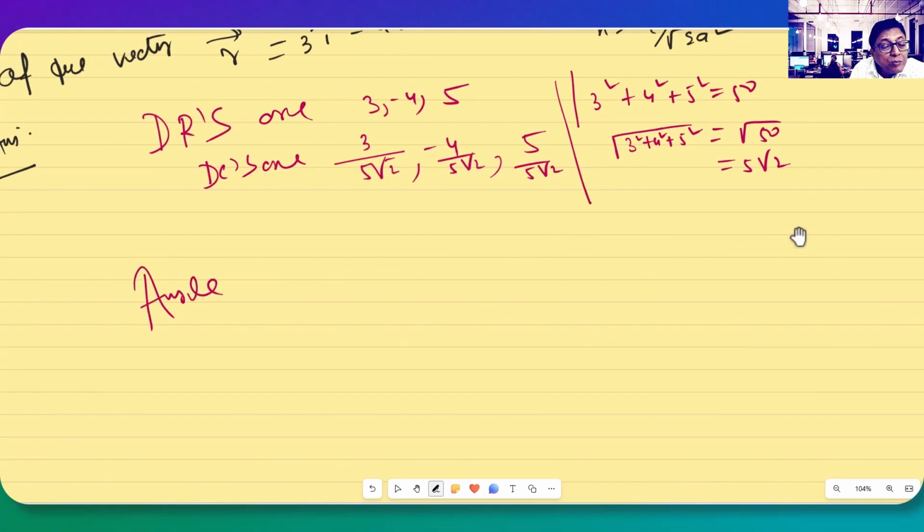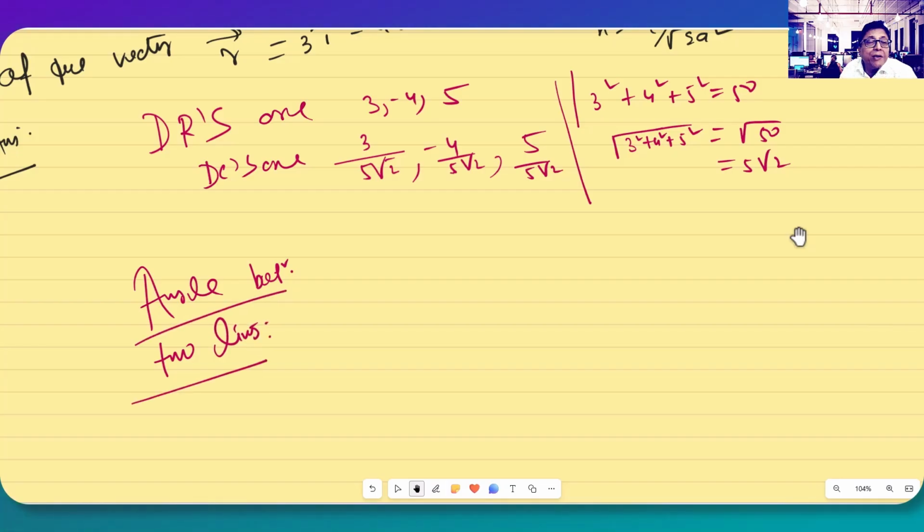Let us do angle between two lines. Before we start this, I would like to remind you the concept we have started with, that line in 2D and line in 3D. In 2D, slope. In 3D, now it is going to be direction cosines. Vector has different lengths.